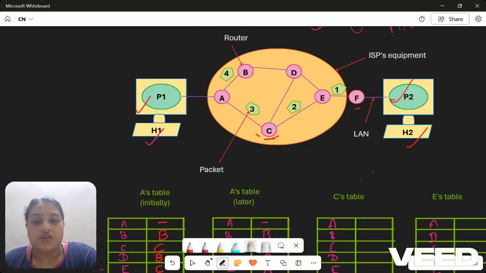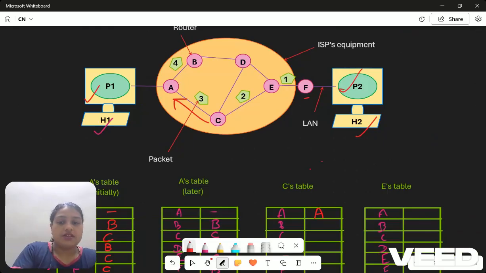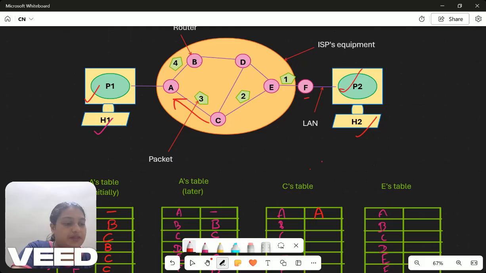We are looking at it in contrast. Okay. C to A it is going. So there is no other option. It is just A, right? So A over here.